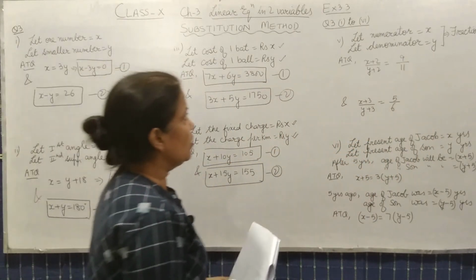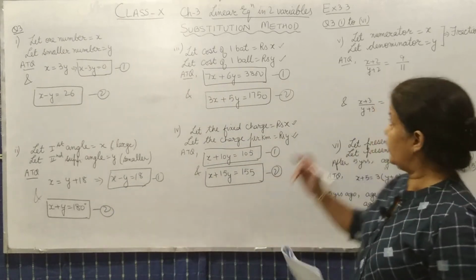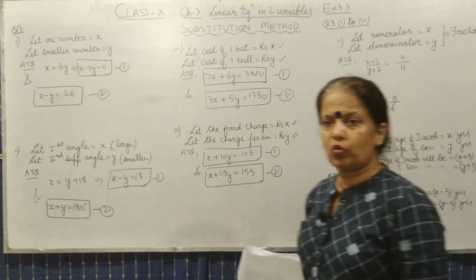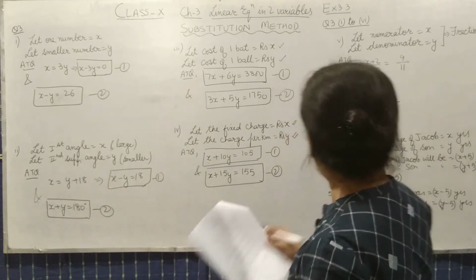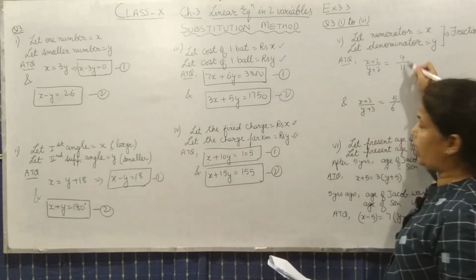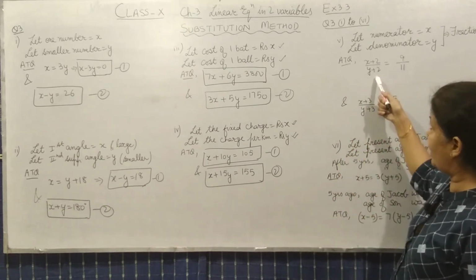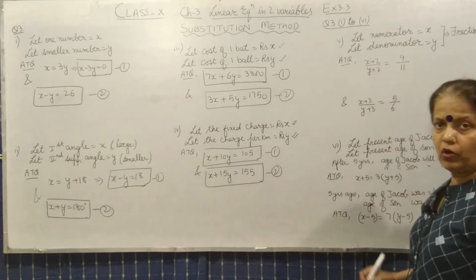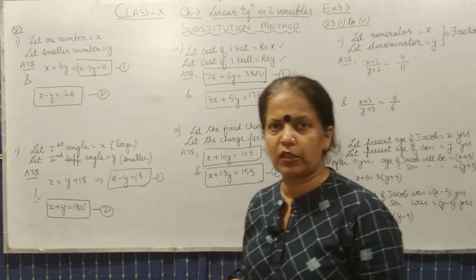According to the question, if 2 is added to both, then the fraction will become 9 by 11. So we write x plus 2 upon y plus 2 equals 9 by 11. How will you make it a linear equation?